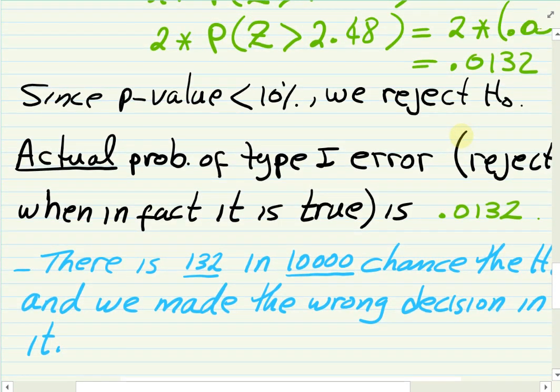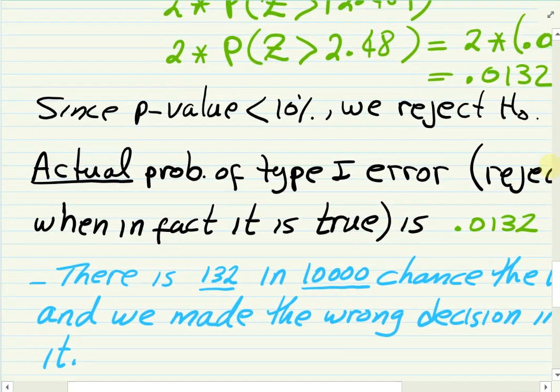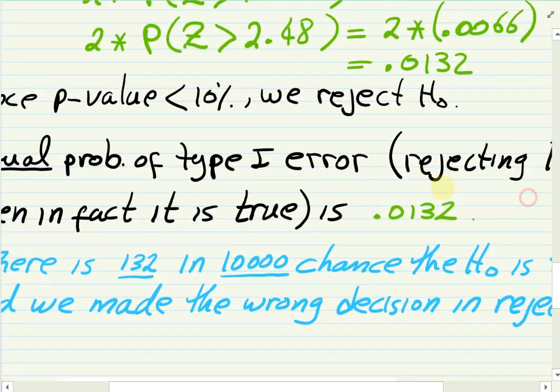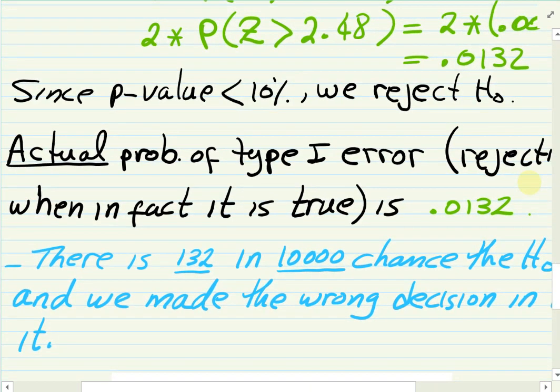There is 132 in 10,000. That's what 0.0132 means. That's 132 10,000ths. So 132 in 10,000 chance the null is true, and we made the wrong decision when we rejected it. You see that? That's the very definition of a type 1 error.